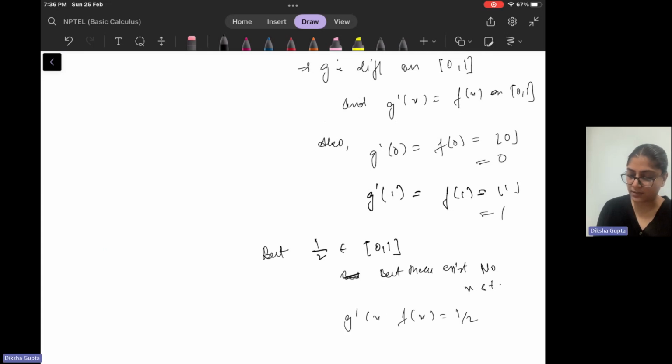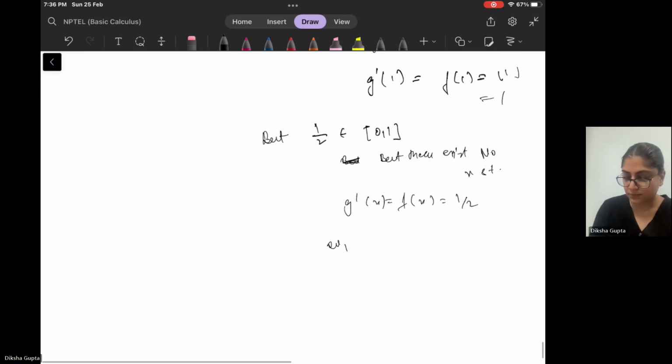So g dash is not satisfying the intermediate value property.